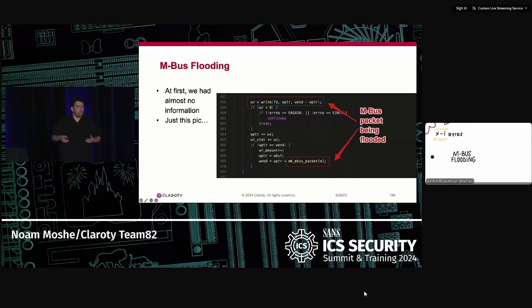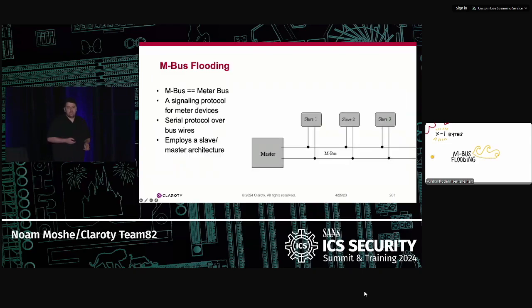However, once again, from reading AOSBK's documentation and looking at the firmware, we actually discovered that MBus is actually meter bus. It is a signaling protocol used by meter devices to signal data transition, control basically everything that is used to control these devices and transfer data.